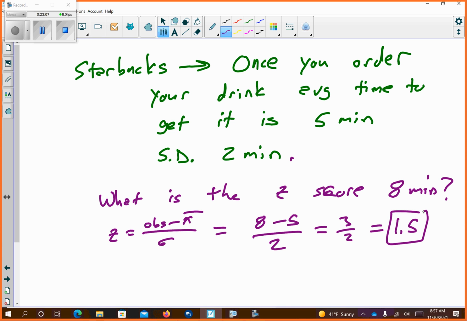Okay, so does it seem like it could be likely? I mean, 1.5 standard deviations outside is not obscenely crazy, but it's still there. All right. What length of time would the 88th percentile be?